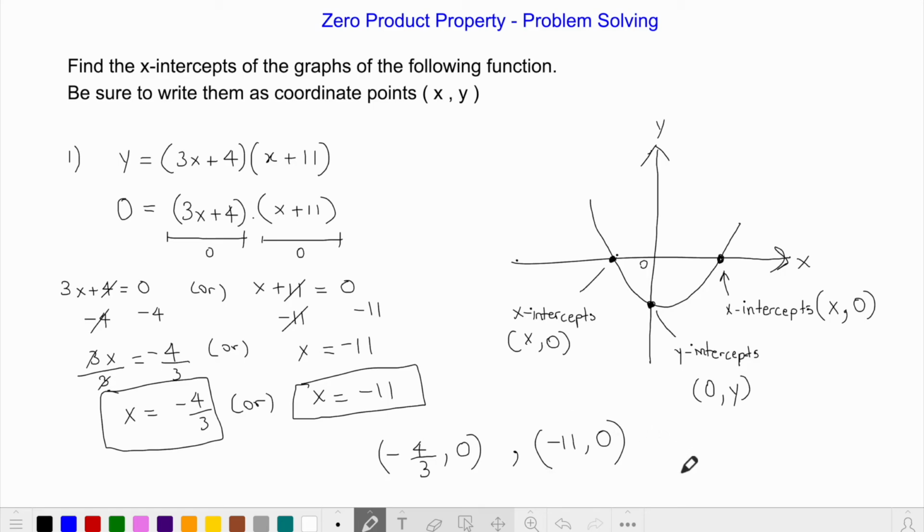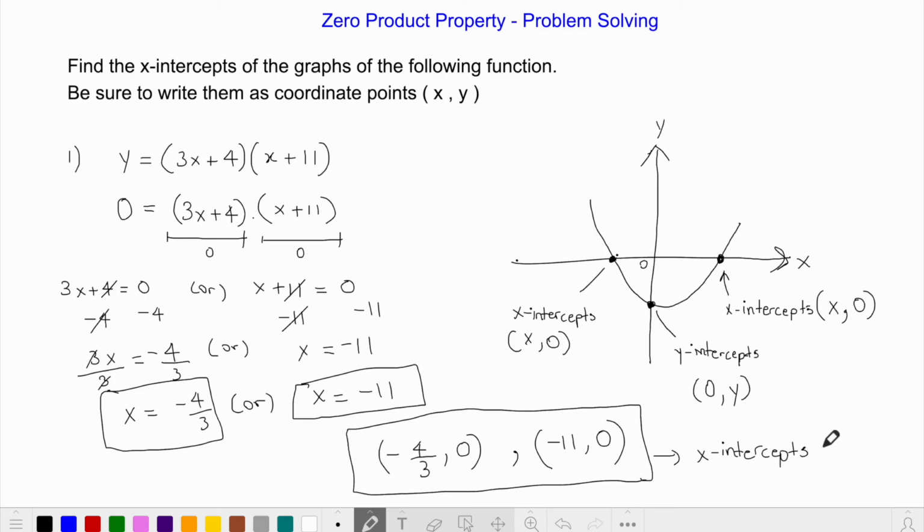That's it. These are the coordinate points of the x-intercepts. Okay, so that's the solution.